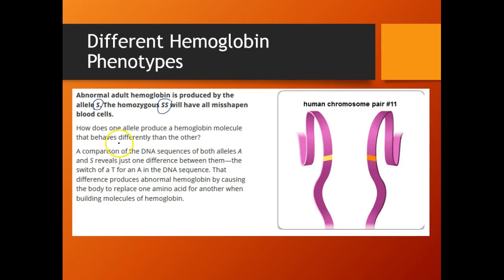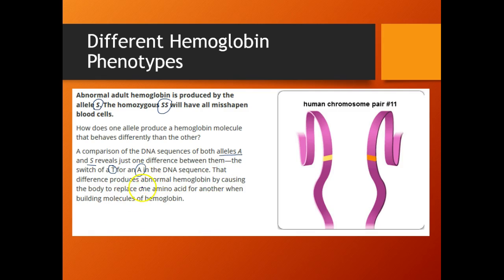Okay, so if you compare both alleles, so allele A and S, it reveals just one difference between them. There's a switch of a thymine for an adenine in the DNA sequence. So it's just a difference of one nucleotide that causes this condition of sickle cell anemia.